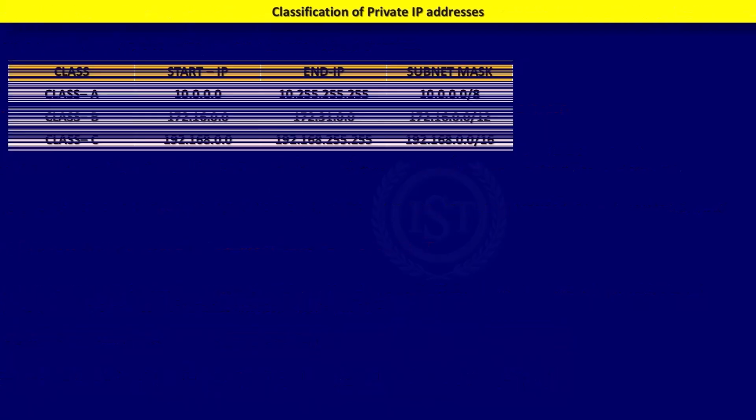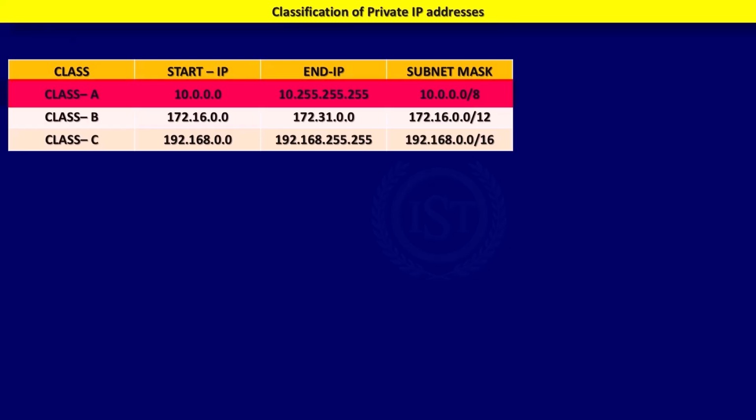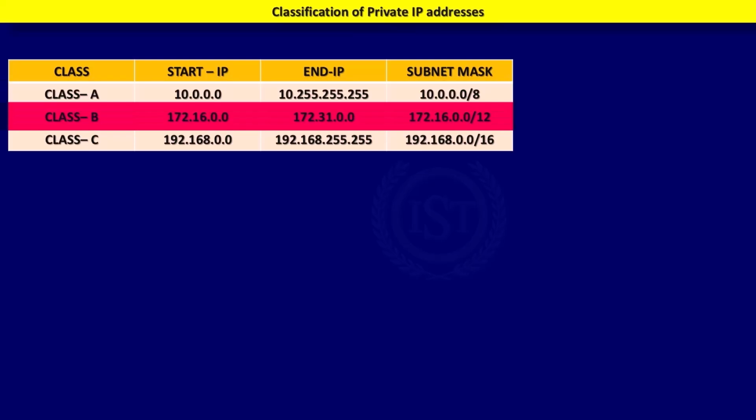As you can see on the screen, Class A starting IP is 10.0.0.0 to 10.255.255.255, and you can denote this IP range as 10.0.0.0/8. Similarly, Class B 172.16.0.0 to 172.31.255.255, and the subnet mask notation is 172.16.0.0/12.